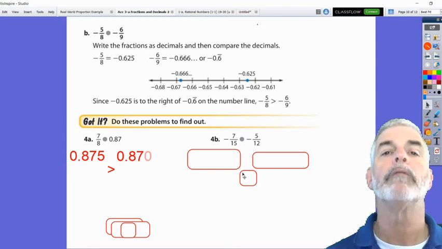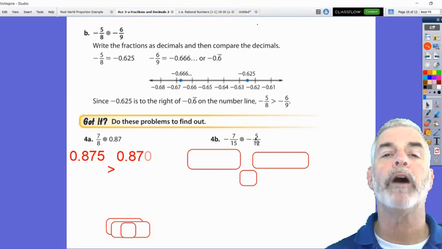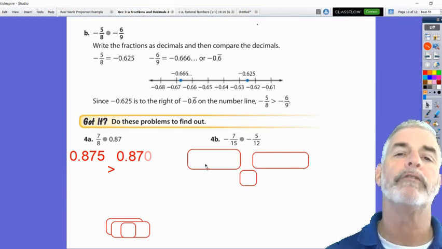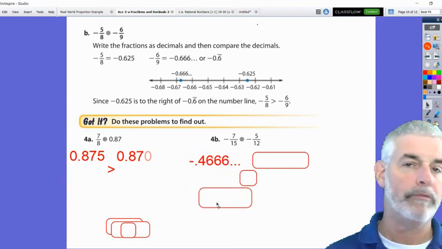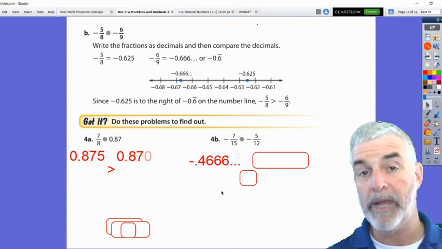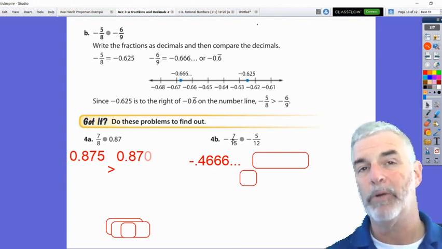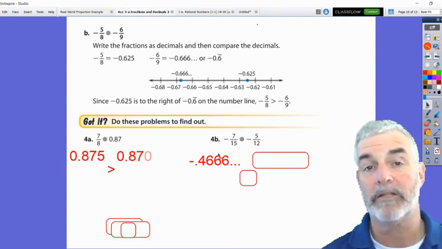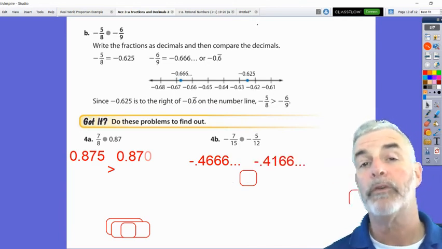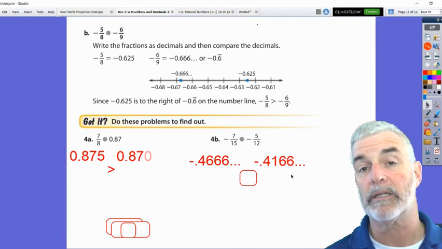For B, negative 7/15 or negative 5/12. What goes in this symbol? Negative 7/15 is 0.46666666, or negative 0.46 repeating. But again, when we're comparing, putting a repeating bar over here doesn't really make a lot of sense because I've got to look at the digits to compare them. 5/12 is 0.416666.